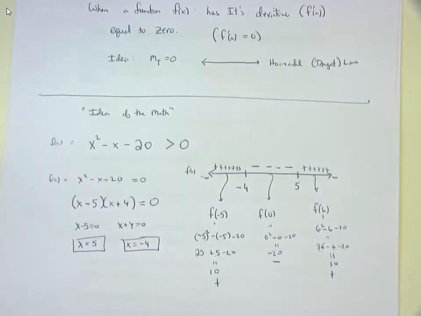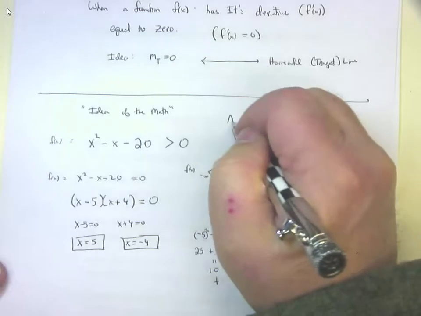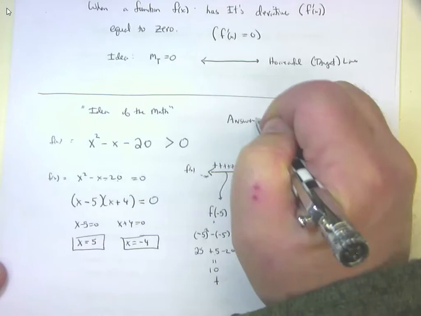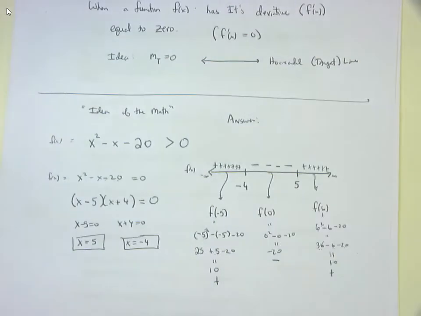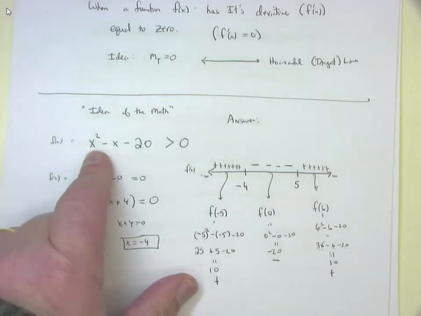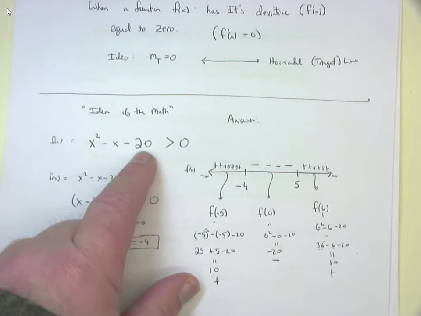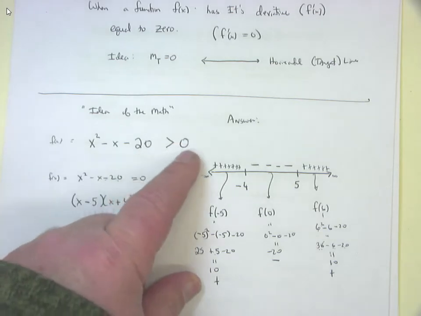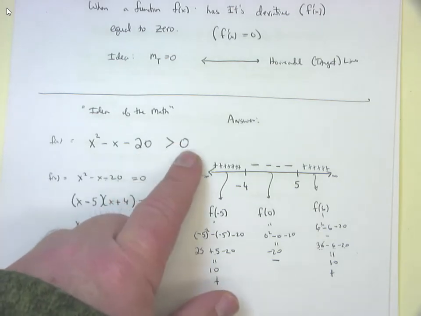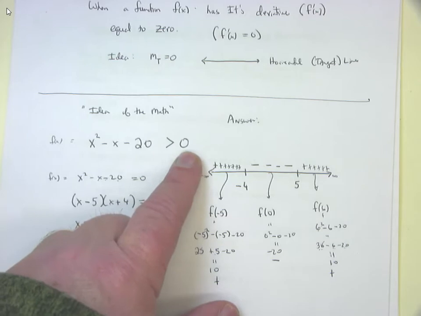So now, once I got my number line set up, I want my answer. And the answer is traditionally in interval notation, and it's going to come right off the number line. We were looking for, look at the equation, when this function x squared minus x minus 20 is greater than 0. Greater than 0 means what? Positive. Where's this thing positive?